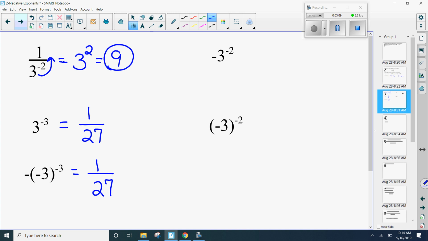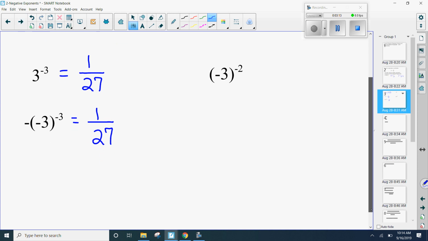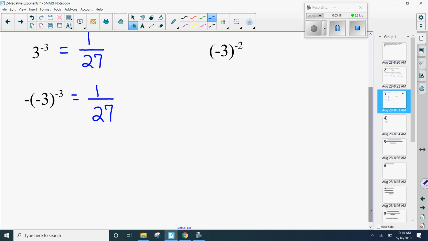First of all, if you just look at this, here's the thought process you want to go through to solve this one. I look at -3 to the 3rd power. My first thought is, what is -3 to the 3rd? What does that have a value of? -27. And then I work with this sign right here.